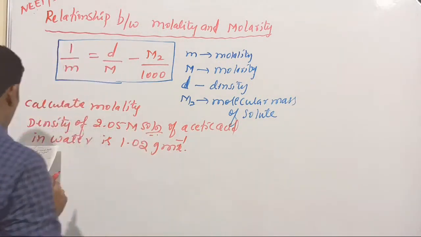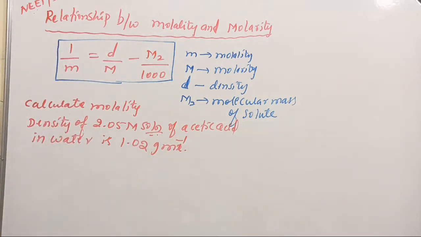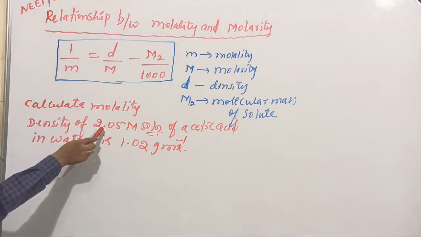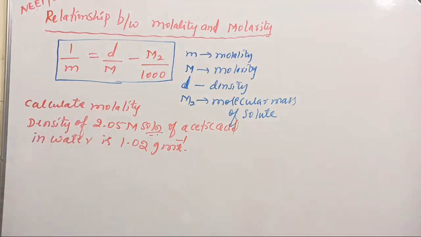They have given this much only. We have to calculate molality of the solution whose density d is 1.02 and molarity is 2.05, using this expression.